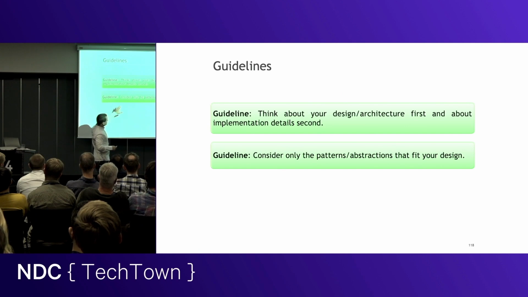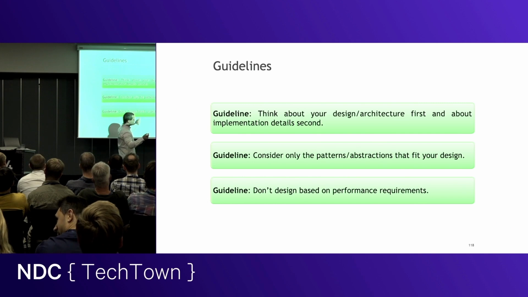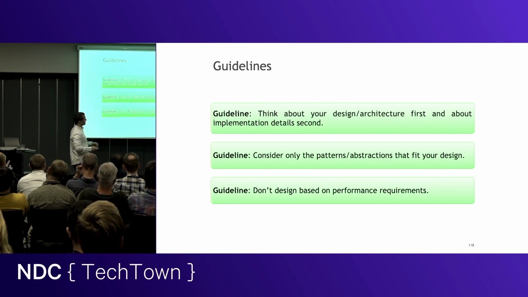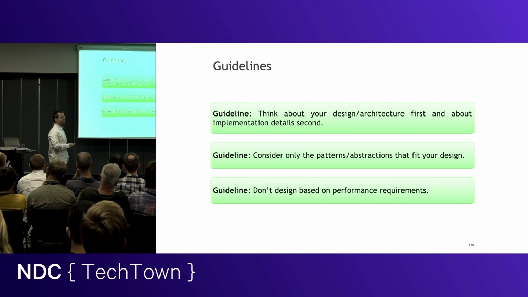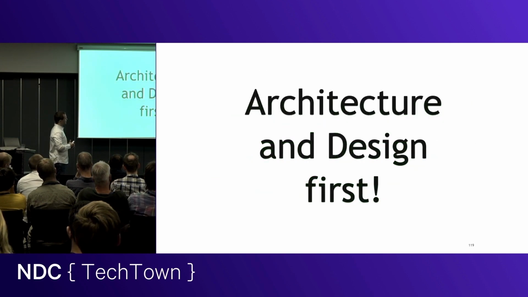So consider only the patterns and abstractions that fit your design. I think that's the right thing to do. First the design, then the implementation. And please do not design based on performance requirements. I mean, sure, performance is important, but I think maintainability in the future might be much more important, at least for most of us. And so, architecture and design first.